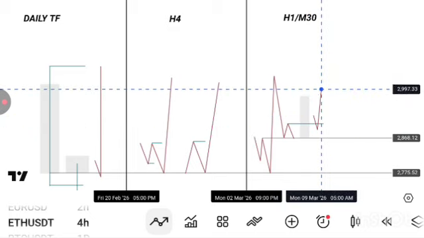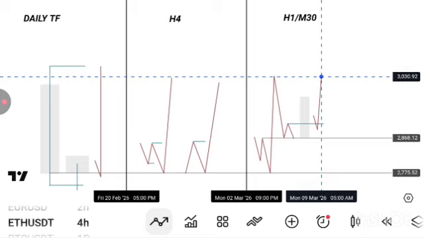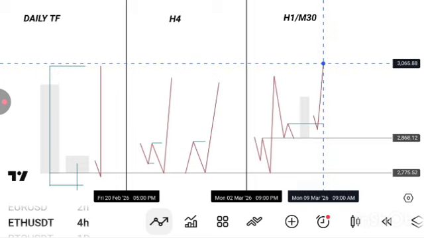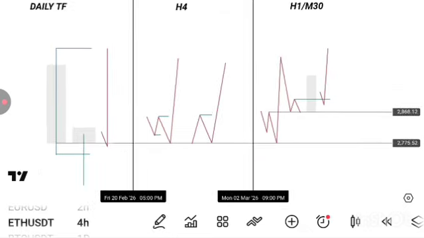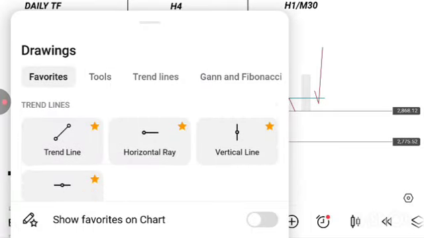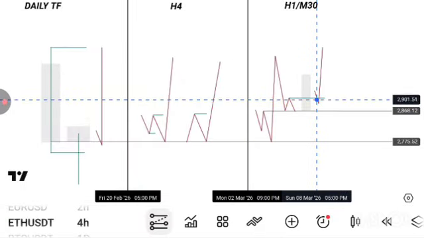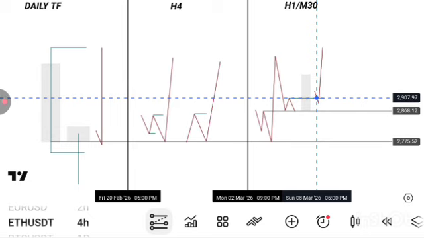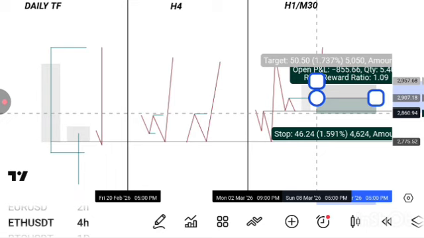Then my target is probably going to be my H4 high or my daily high. But in this case, I was actually targeting the daily high. So my entry is going to be from the H1 breakout, right? I'm going to place my position tool or my limit on that particular level.